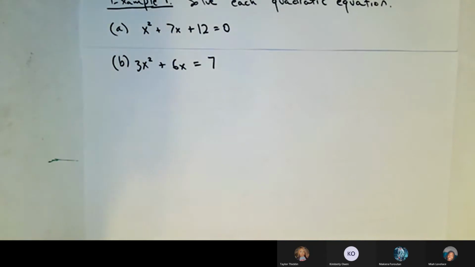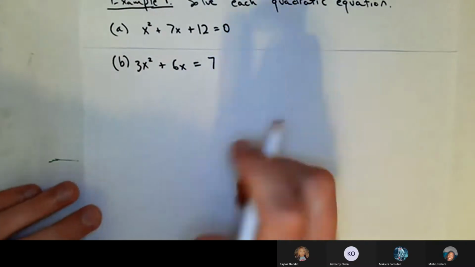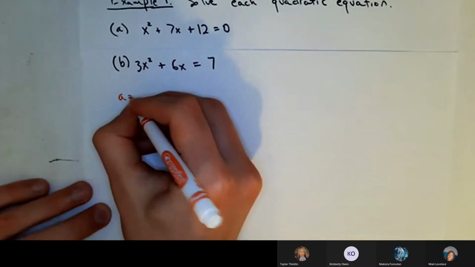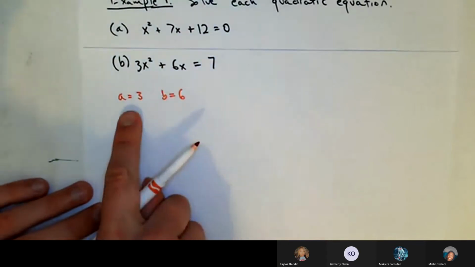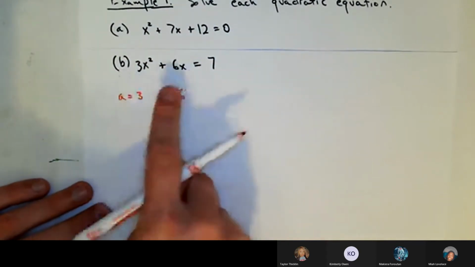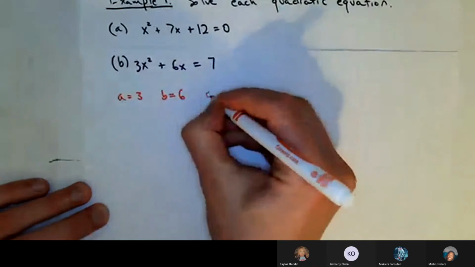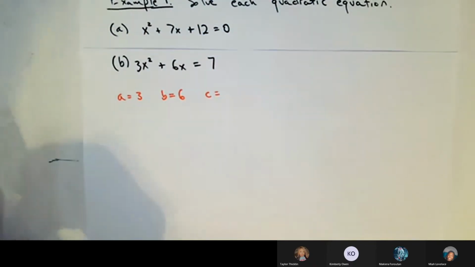So if I want to go ahead and start setting up my quadratic equation, I need to know what A, B, and C are. So I'm writing down A and B, right? A is 3, B is 6, but what is C? Does anyone remember what we need to do here before we can actually explicitly identify C?